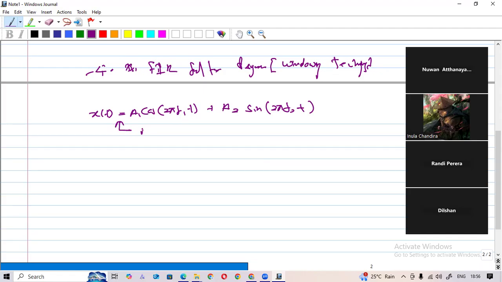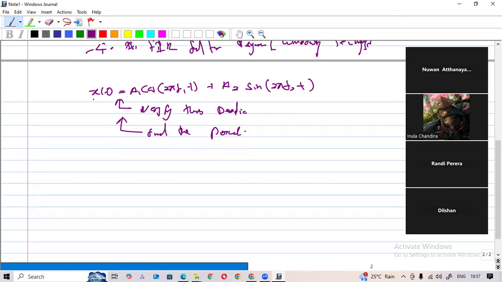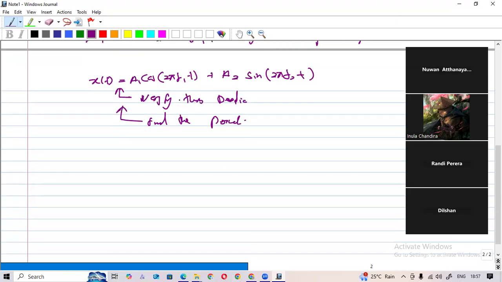If I ask you to verify this is periodic, and to find the period, can you remember the procedure to calculate the period? So this is a continuous time signal.